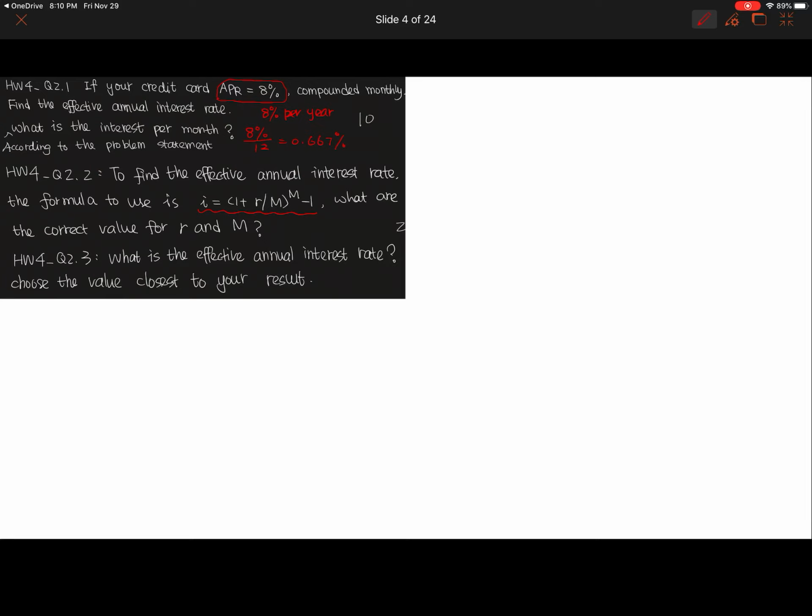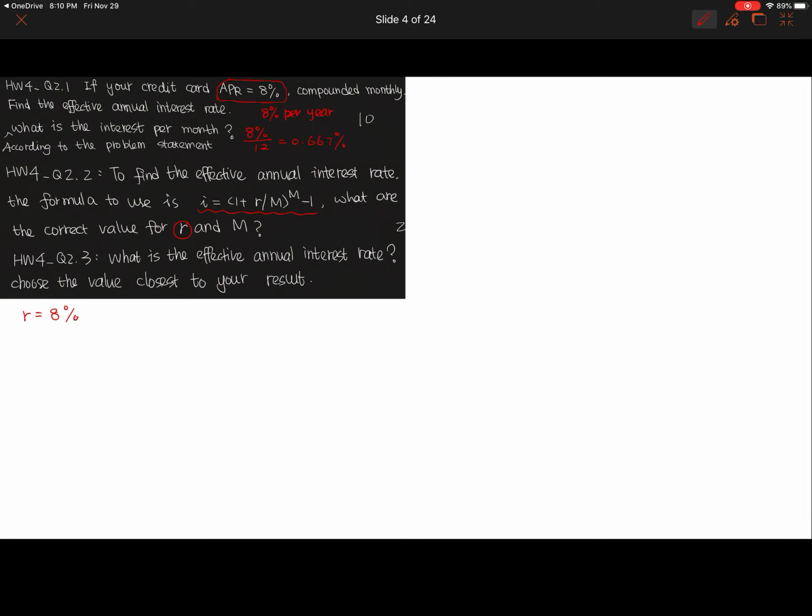The second question is to find the effective annual interest rate. The formula to be used is this formula. What are the correct values for R and M? In class, we said R is the nominal interest rate, so R is 8%. And M is the number of interest periods per year.